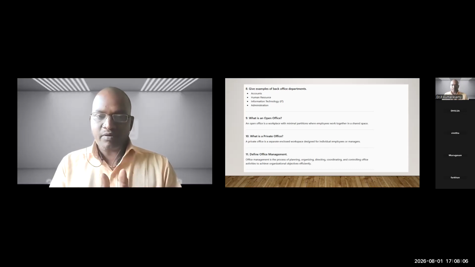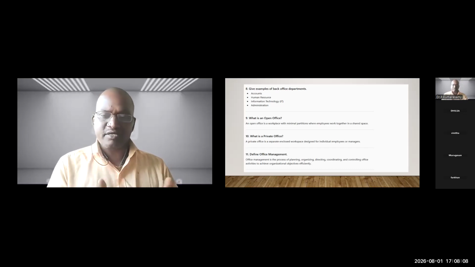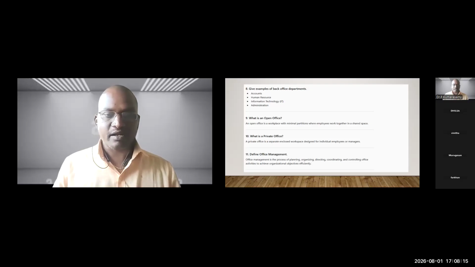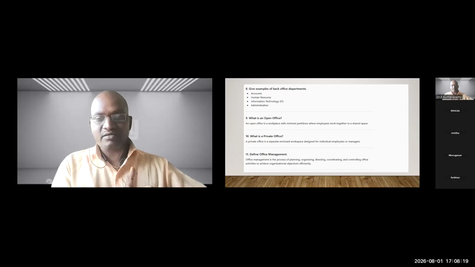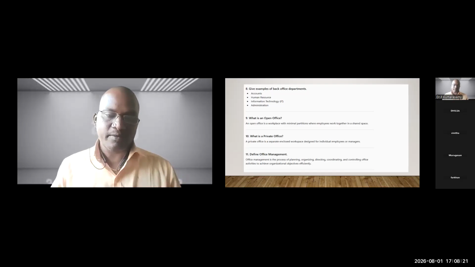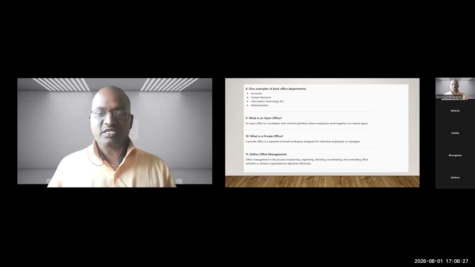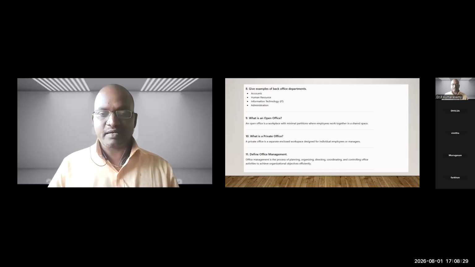There may be minimal partitions, or there may not be any partitions. There is no separate cabin or separate room for the office. That is an open office. If you see browsing centers, that is an example of the structure of an open office.